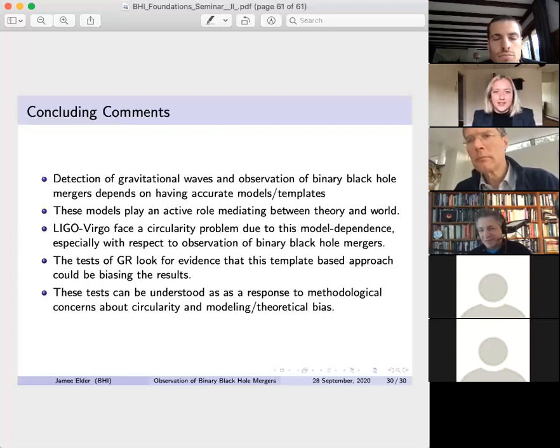And so if you're not using the models in the process of the search, you have to take account of the modeling at some point later in the process in order to actually claim that this is a real detection rather than just coincident noise.